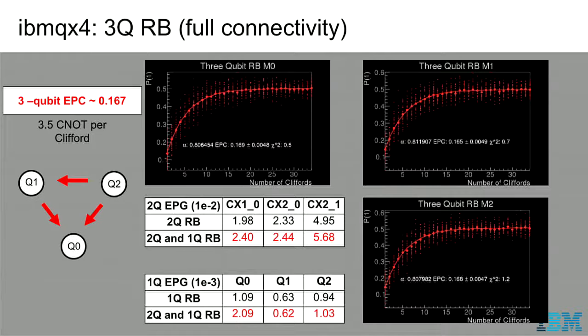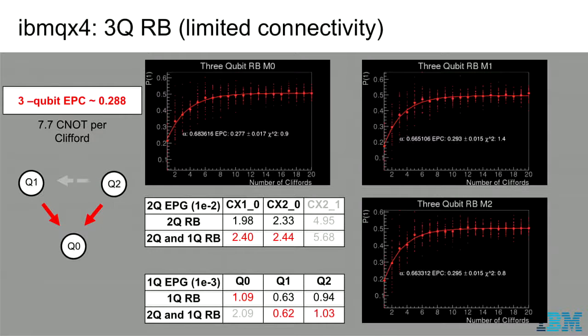Again, this gate doesn't change much, and none of these really made a lot of difference. The number we get for the 3-qubit error per Clifford is in the order that we would expect from this 2-qubit gate.